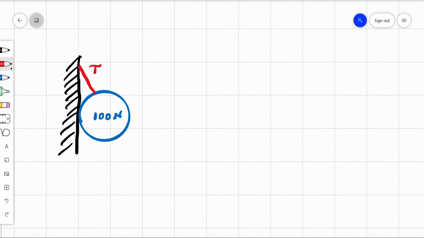We need to understand how much force is applied on that string. See, this is a very basic concept, just like hanging a balloon with the help of a string. A balloon has almost negligible weight. Over here, they use a sphere of 10 kg. So let us do one thing first. The first step will be writing the free body diagram.